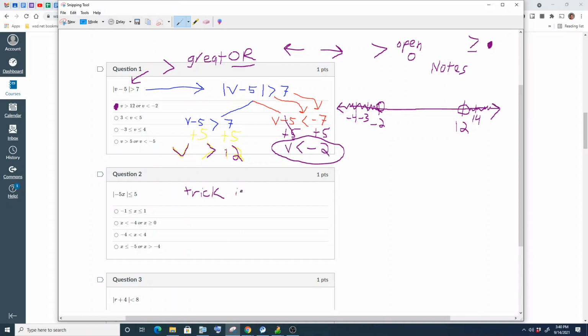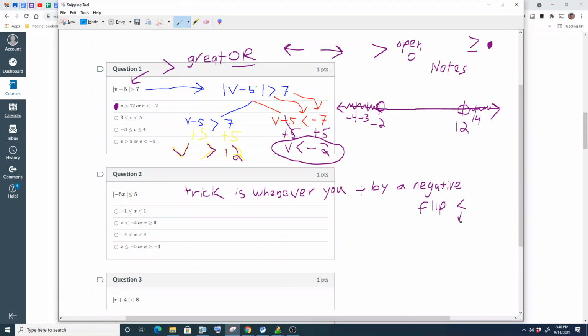And so the trick is, and you can write this down as notes if you want to: whenever you divide by a negative, you're going to flip your inequality symbol.